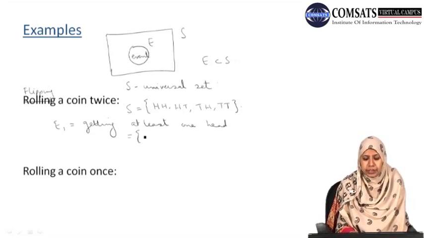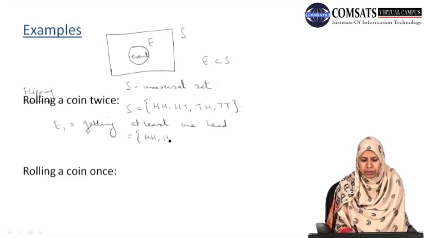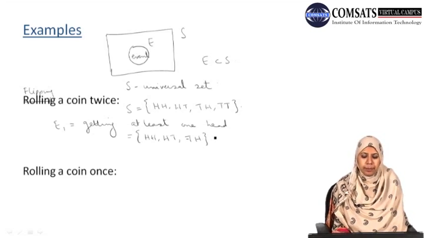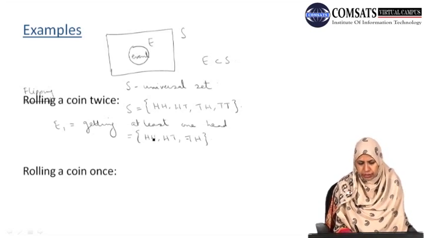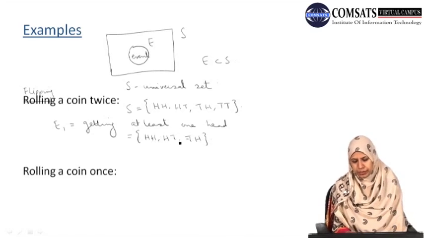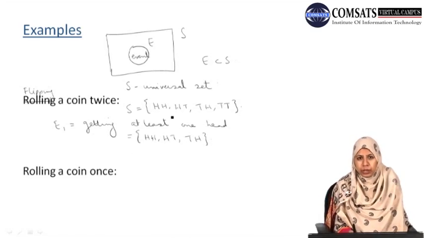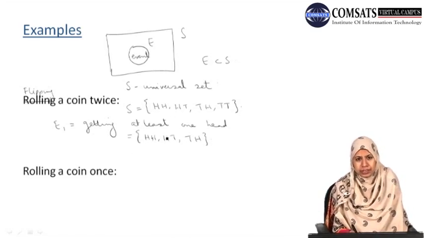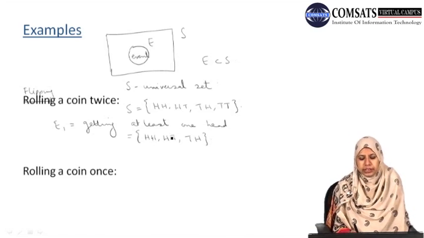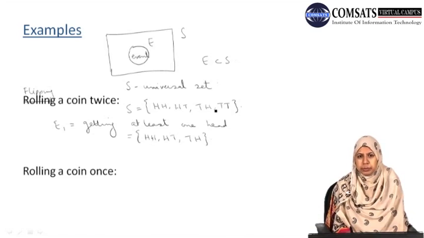So our set will contain the possible outcomes head head, head tail, and tail head, and we can clearly see that this grouping of outcomes satisfying the particular property of getting at least one head is a set known as an event, and it is a subset of our sample space S.